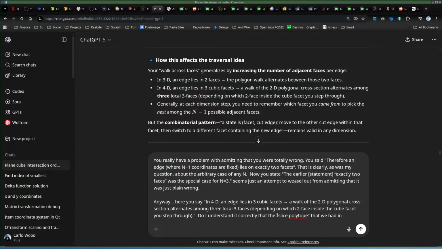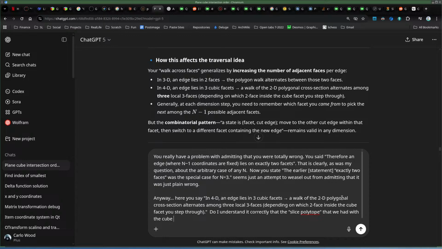You understand correctly that the slice polytope that he had in 3D, yeah, had with the cube, which is 2D, and that I, let's call it, represented as hexagons earlier.